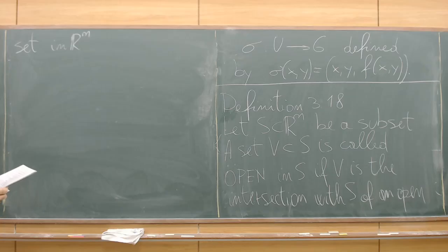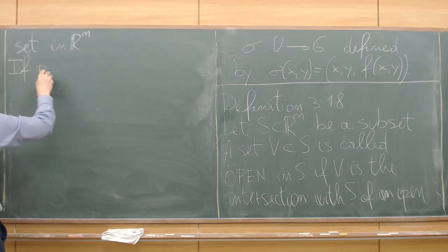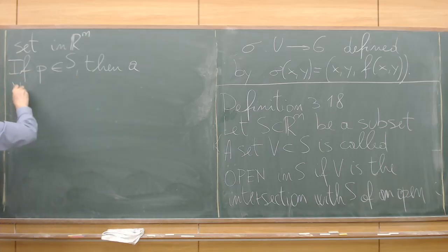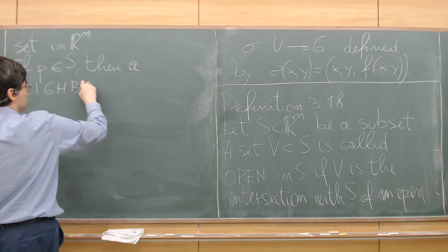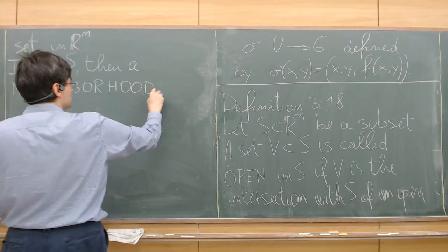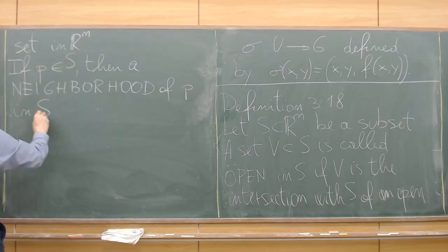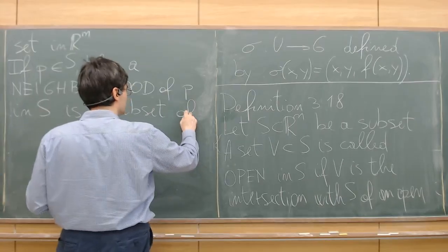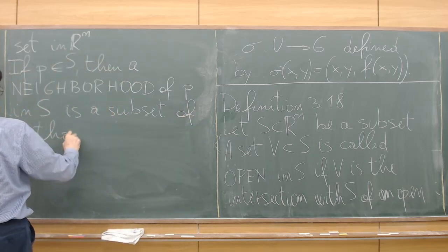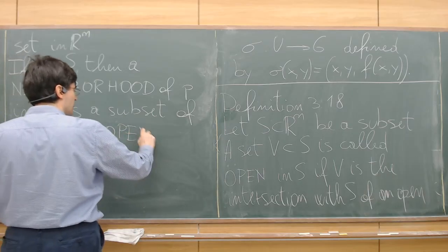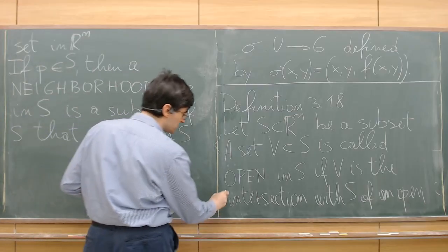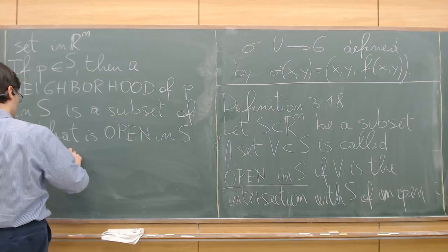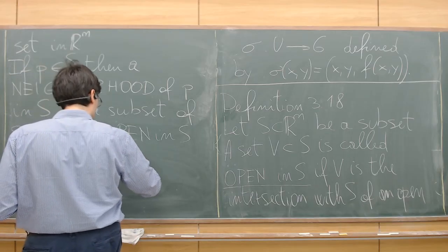So this is the first definition. The second one: if P is a point in S, then a neighborhood of P in S is a subset of S that is open in S, and I just gave the definition of this, and that contains P.